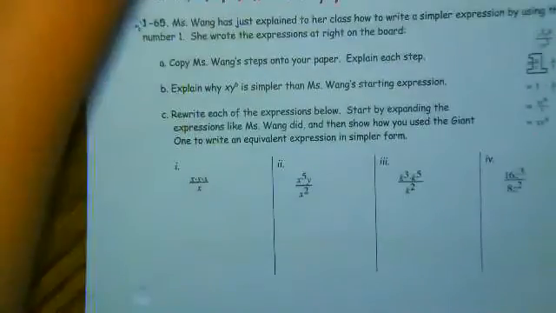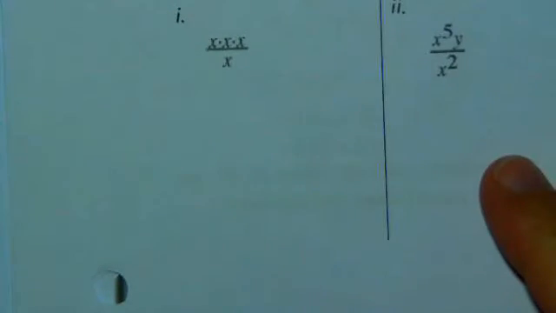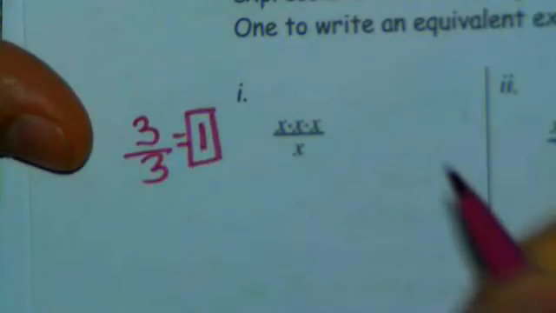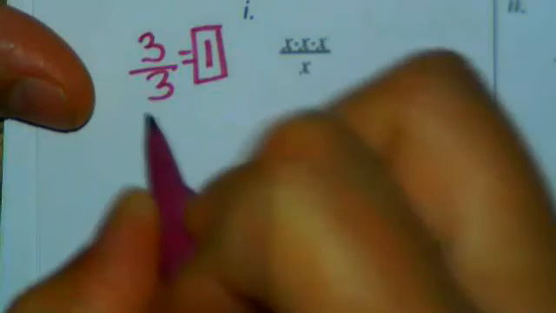Now, what is a giant 1 or a magic 1? Now I'm going to zoom all the way in so you can see what's going on right here. Okay. Now, if I wrote 3 over 3, what is 3 over 3? 3 over 3 is 1. Okay, so what is 5 over 5? 5 over 5 is 1 as well.